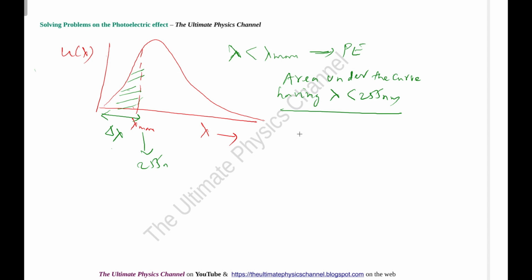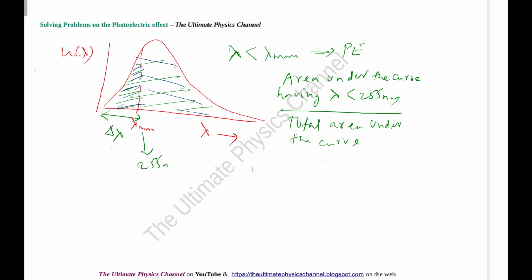This area over that area gives the fraction. So this particular area divided by the total area would give us the fraction.